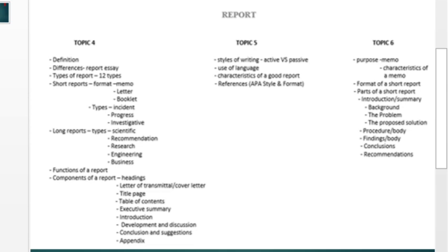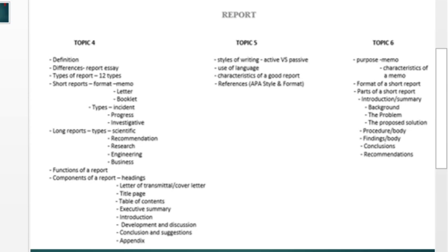I believe we have gone through this subtopic also in topic number 5. And then the next one is the characteristics of a good report, how a good report should be. And also like we have gone through earlier, the references which comply to the APA style and formatting system.